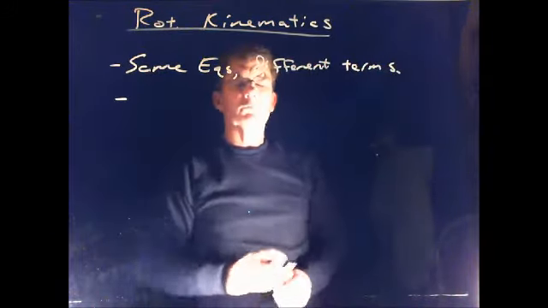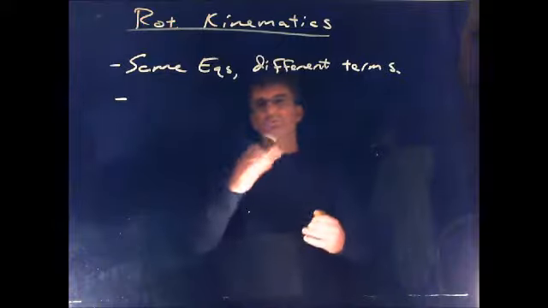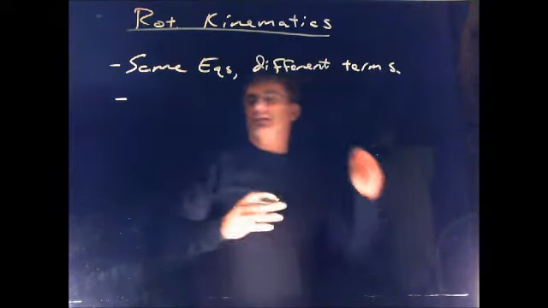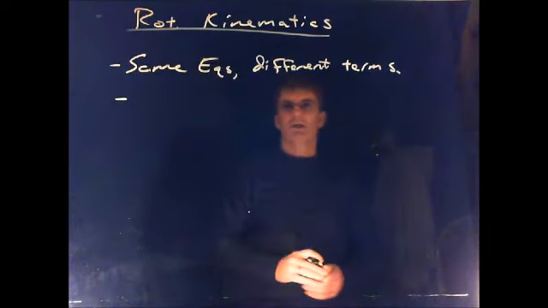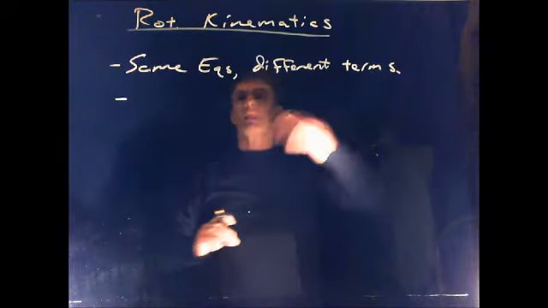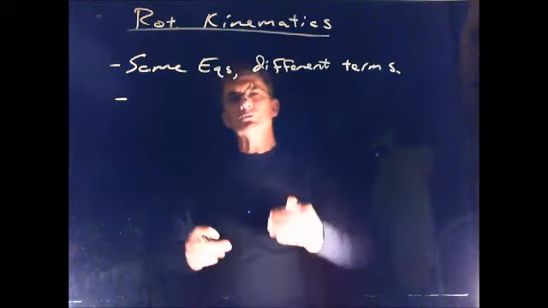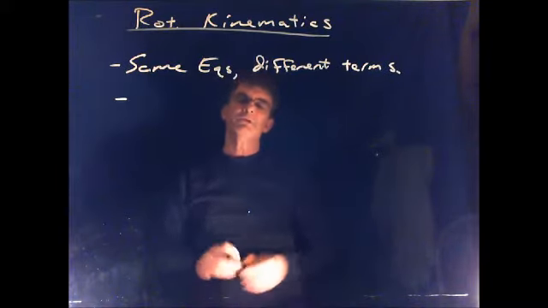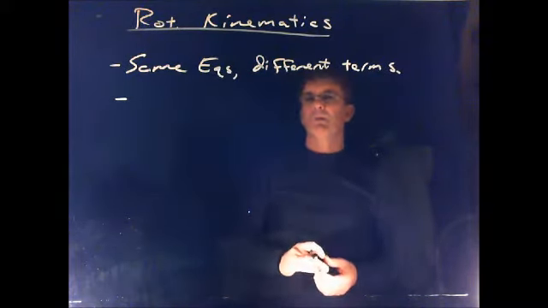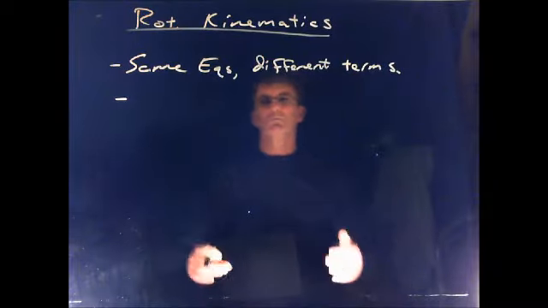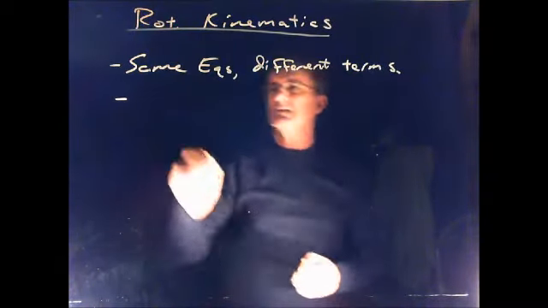The number one rule in kinematics is that the acceleration is constant. I remind them, or hopefully they will remind me, as to when you're using the kinematic equations, what the number one rule is. And hopefully they'll tell me the number one rule is acceleration must be constant.